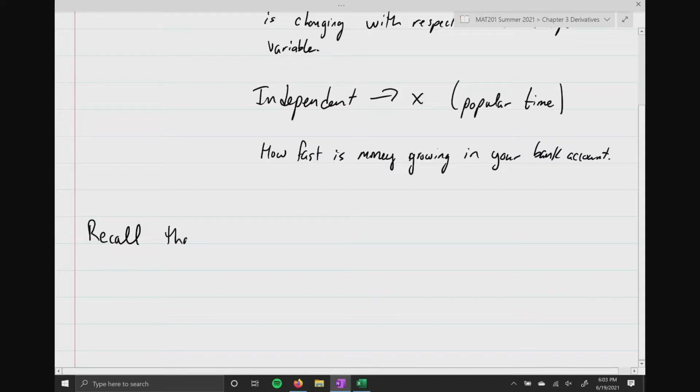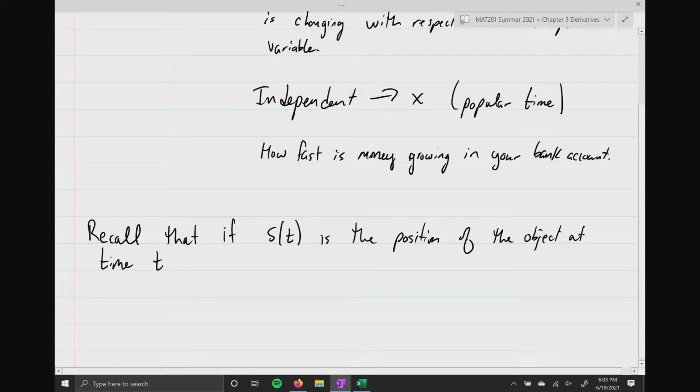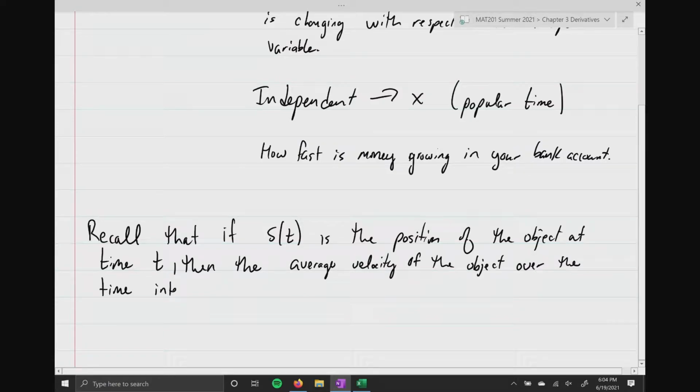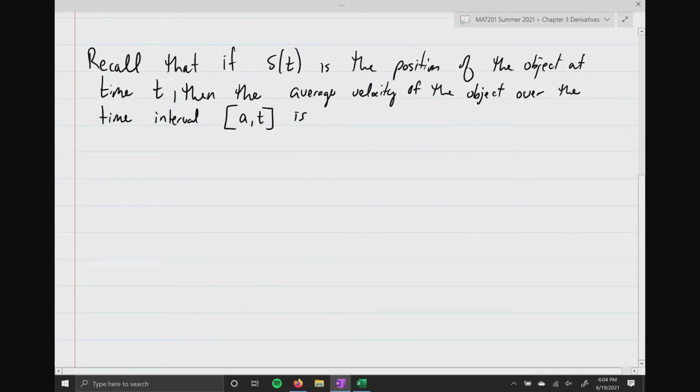So to recall that, if s of t is the position of the object at time t, then the average velocity of the object over the time interval from a to t is, so the average velocity is going to be equal to s of t minus s at a, all divided by t minus a.